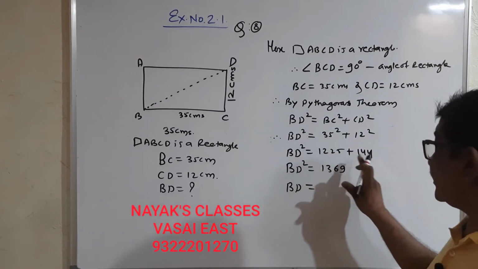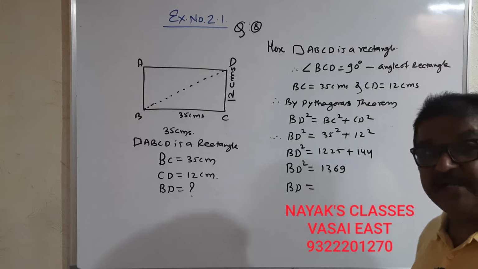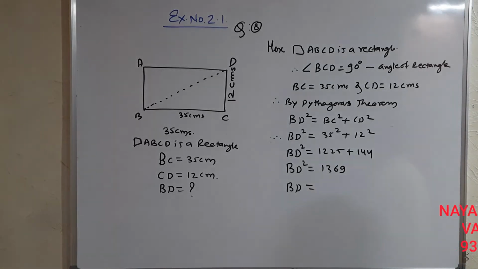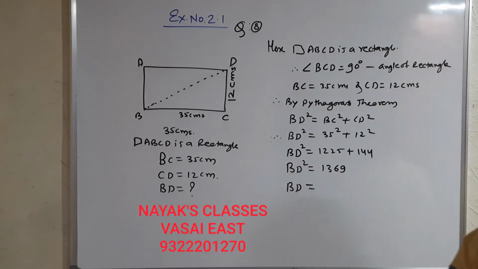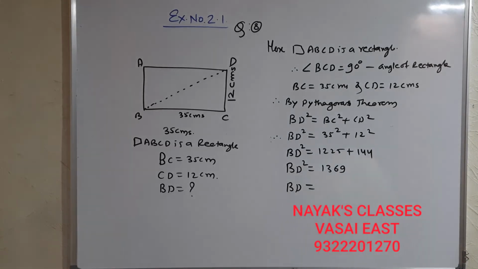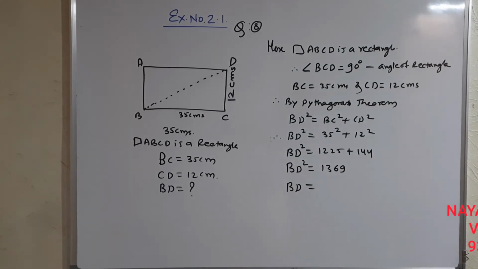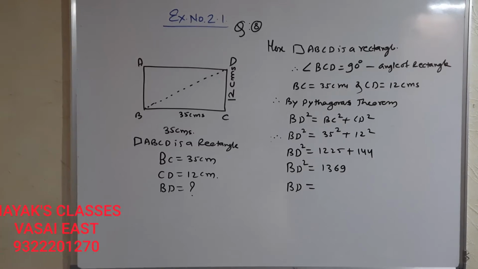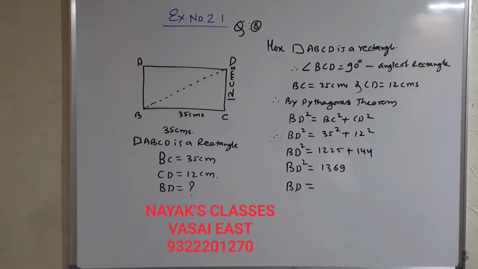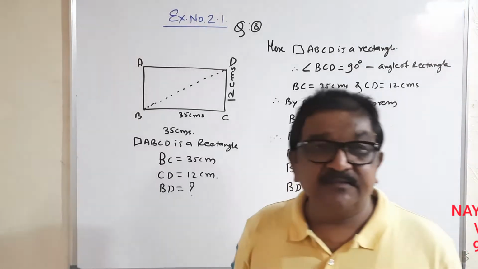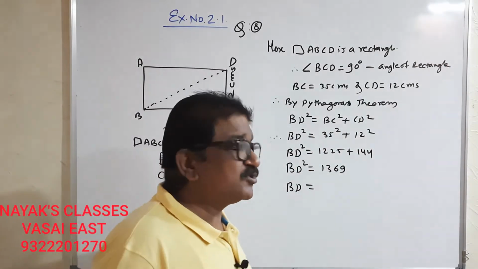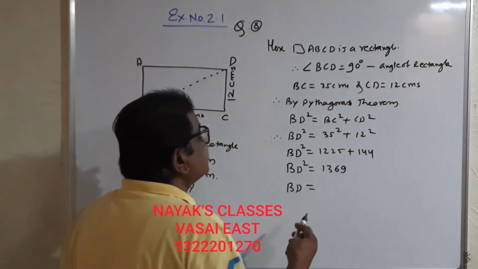So BD is equal to, you can check the squares and square root of any. This is a perfect square, this is a perfect square. When you add it, it must be a perfect square. It is a rule of mathematics. When you add two perfect squares, their addition is also a perfect square.